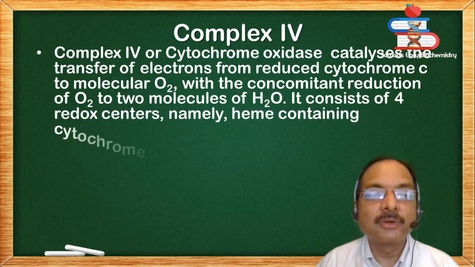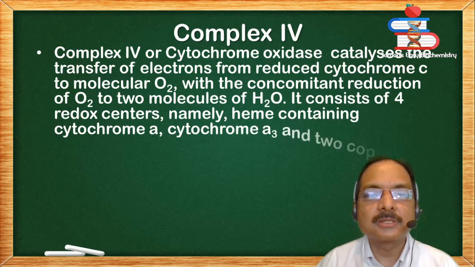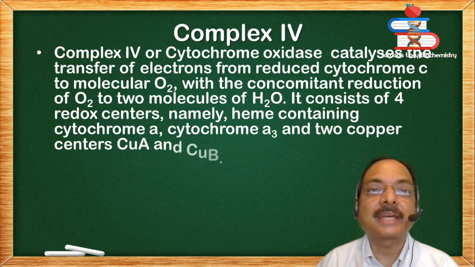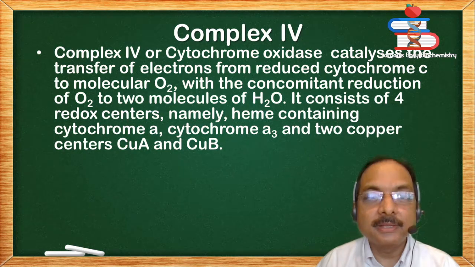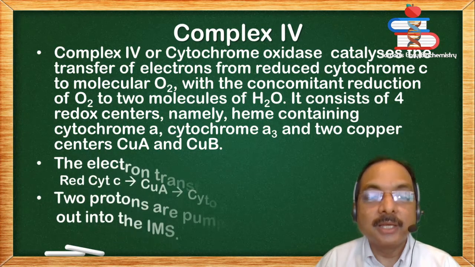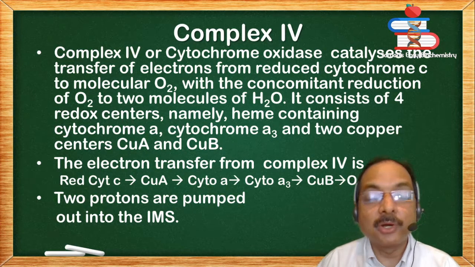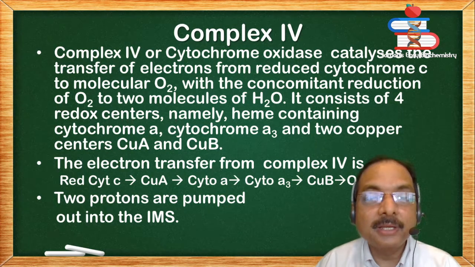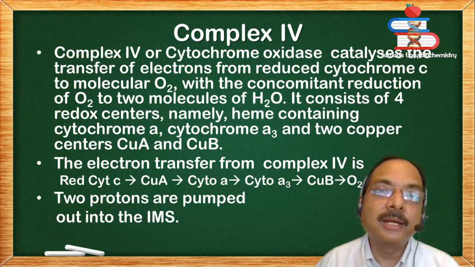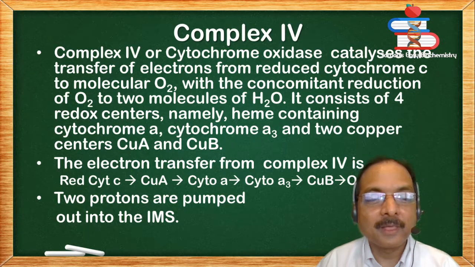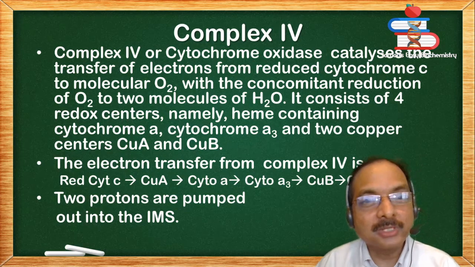It consists of 4 redox centers, namely heme containing cytochrome a, cytochrome a3, and two copper centers, copper A and copper B. The electron transfer in complex 4 is in the sequence from reduced cytochrome C to copper A to cytochrome a, cytochrome a3, then to copper B, and ultimately to molecular oxygen. Two protons are pumped out into the intermembrane space through this complex.